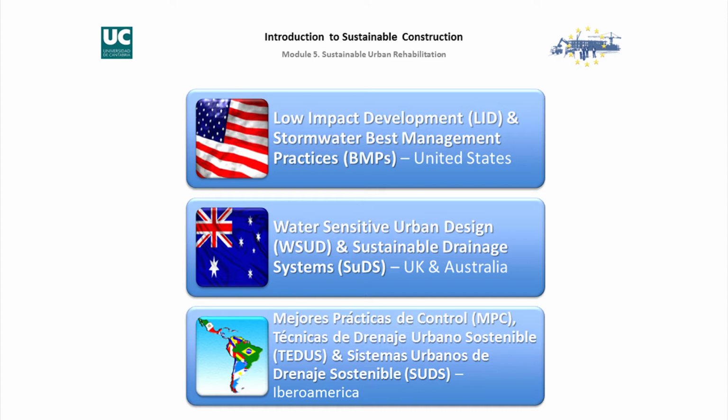These best management practices have been developed, and nowadays they are used in urbanism. They are even used inside bigger architectural philosophies, like low impact development. Low impact development in the United States is the philosophy that looks to maintain the natural characteristics of a catchment after urbanization.